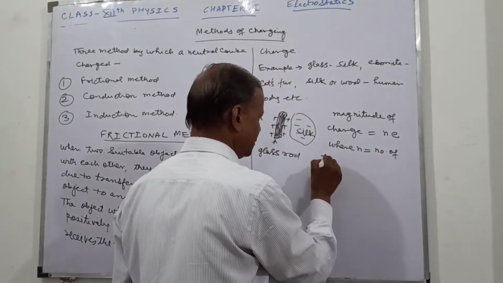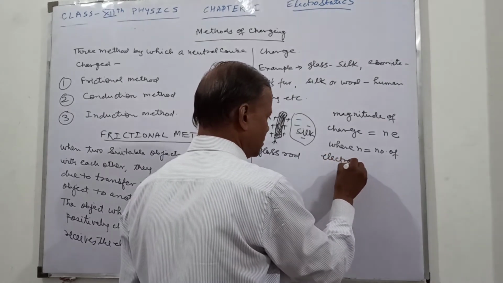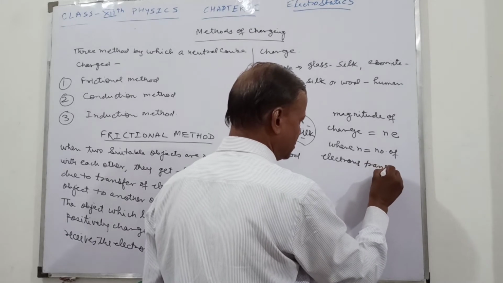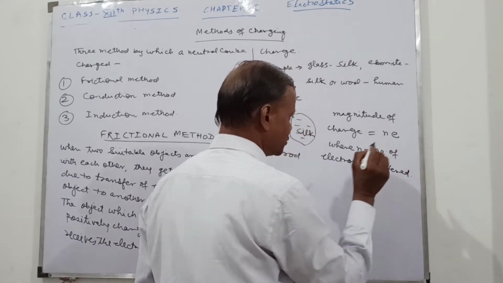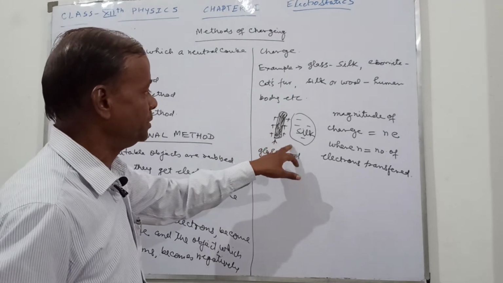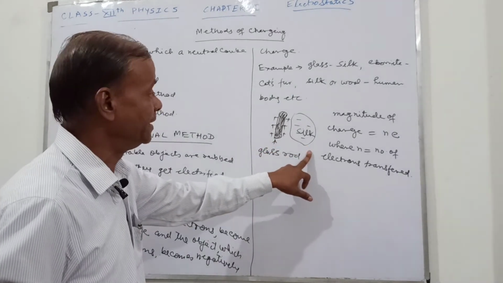So the charge on the glass rod will be plus Ne, and the charge on the silk is minus Ne.